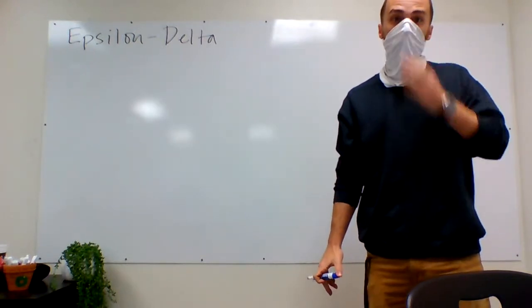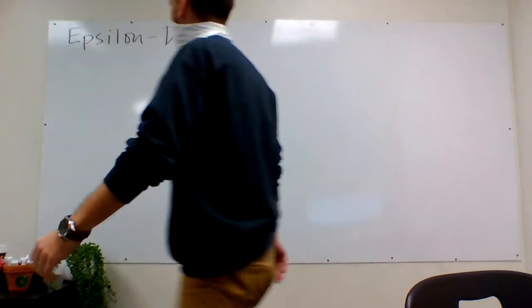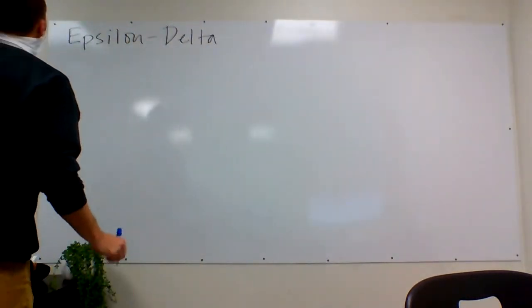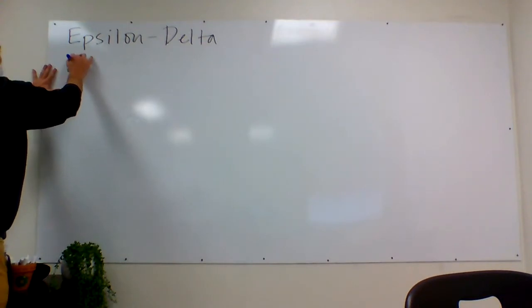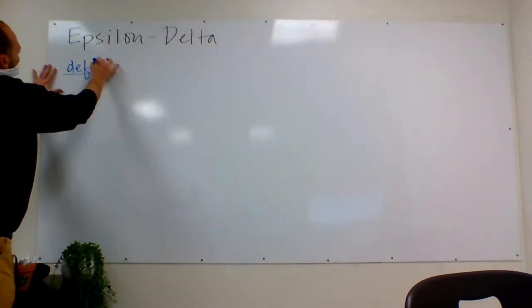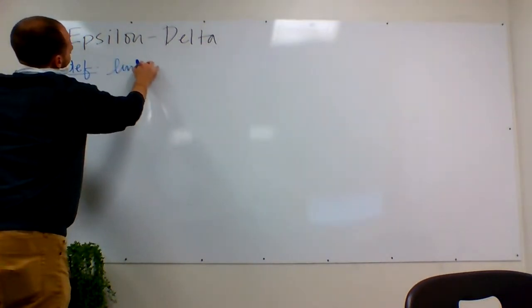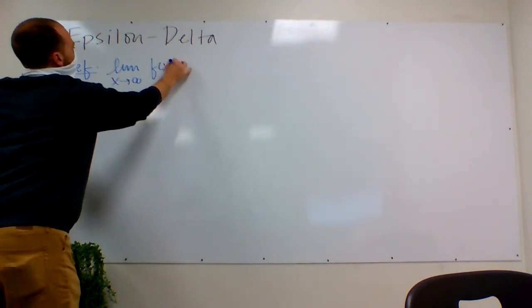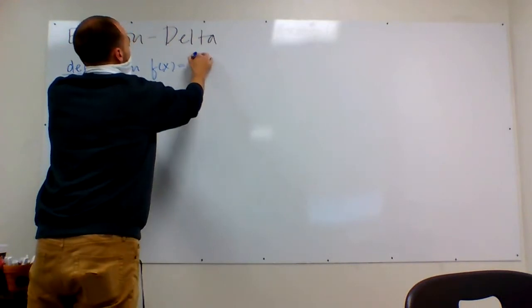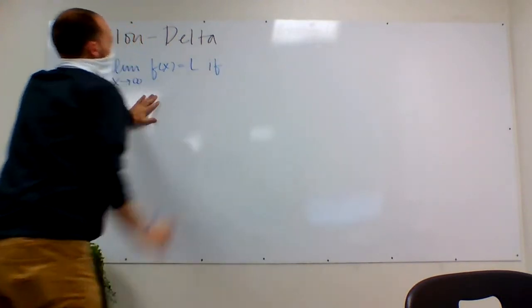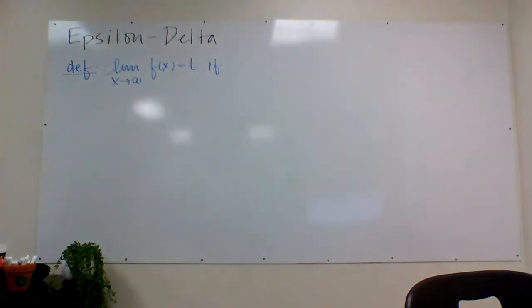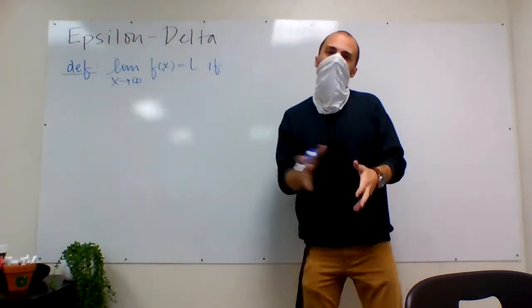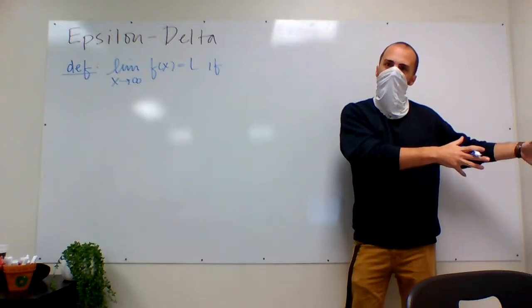I'm going to switch to blue for the definition, because I got some feedback from the Google Meet that green was a little hard to pick up. So I'm going to define the limit at infinity: the limit as x approaches infinity of f of x is equal to L if basically we can get as close as we want to L by going just beyond a certain x threshold.